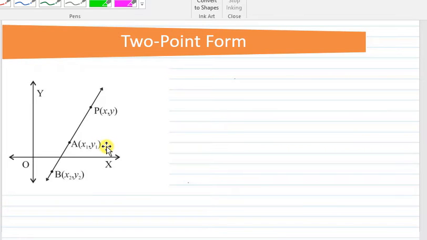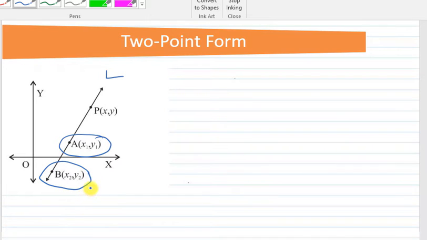Now we are going to derive the equation of line in 2-point form. Let's suppose this line L is passing through 2 points. Point A (x1, y1), point B (x2, y2).